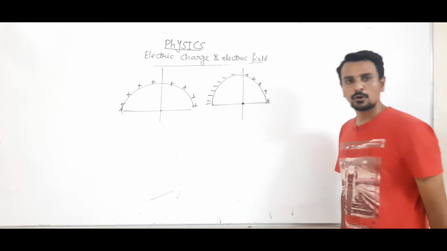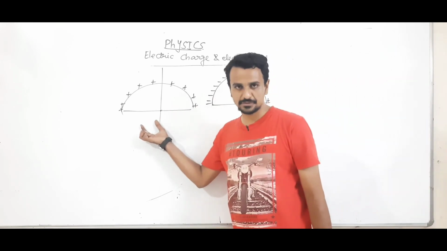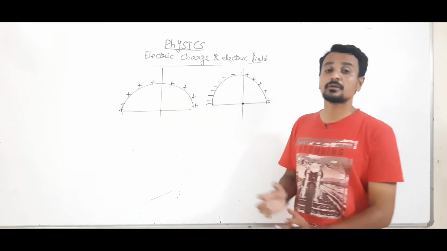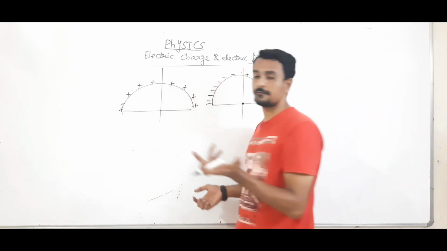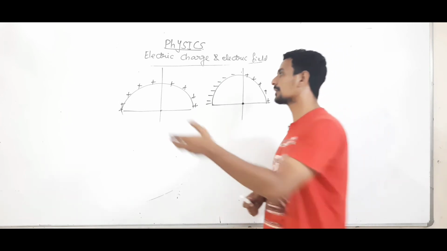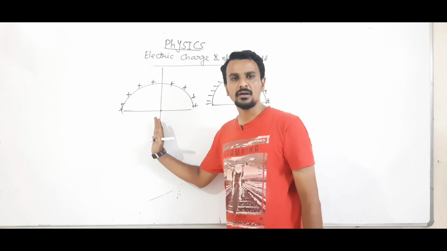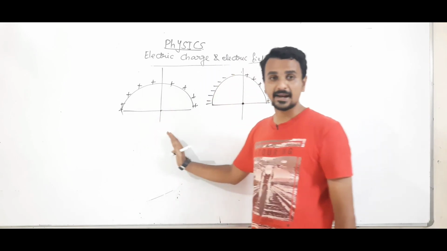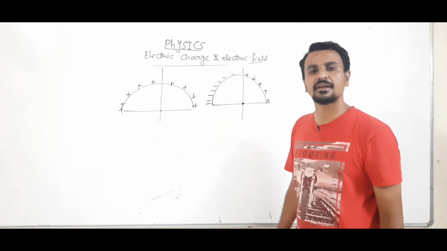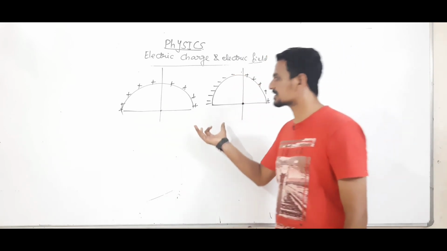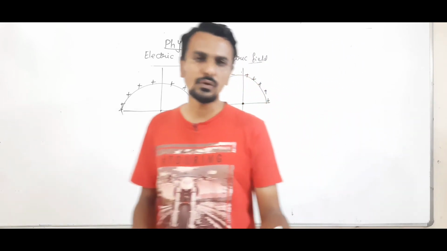Already we know the answer to this question with the help of that formula. But even if we are not remembering the formula of the arc and such a question arises, we will also learn the method of how to calculate the electric field for this kind of shape in the next video. Okay, clear? So in the next video, first we will solve this kind of questions and then we will switch to the next topic.